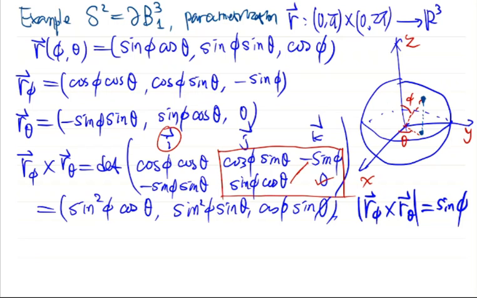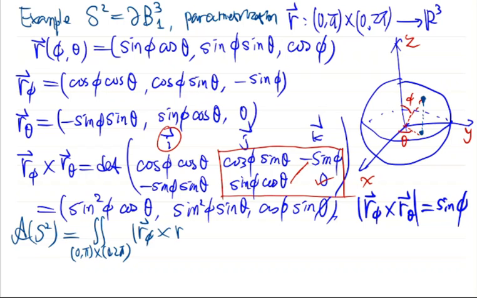Therefore, the area of the sphere is the double integral over the domain of definition of the parametrization, that is theta from 0 to 2 pi and phi from 0 to pi, of the norm of r_phi cross r_theta d phi d theta.